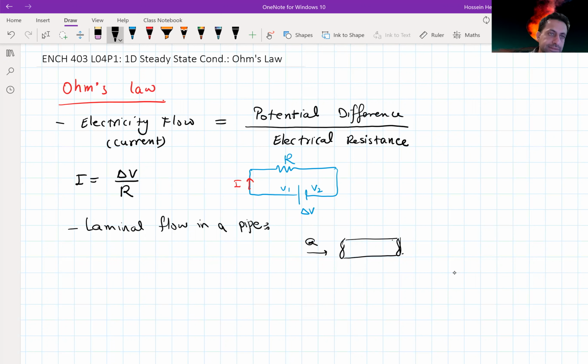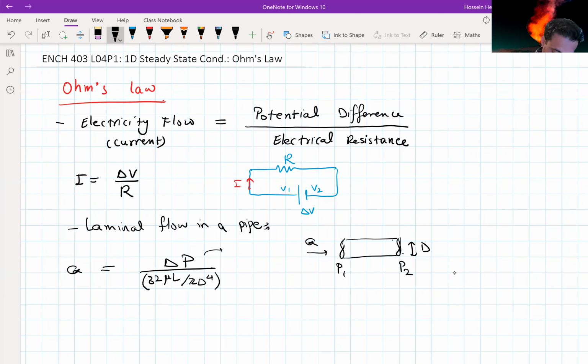There is a flow rate going in, and we have a delta P here, the pressure difference. For a pipe with a diameter of D, we can write Q is equal to delta P times pi D to the fourth divided by 32 mu L.